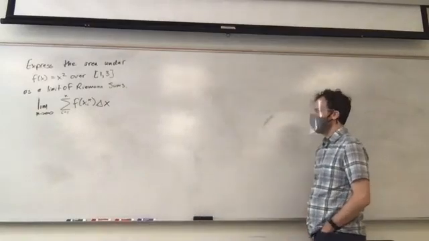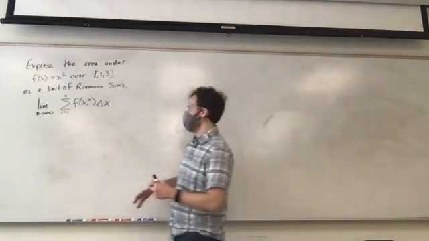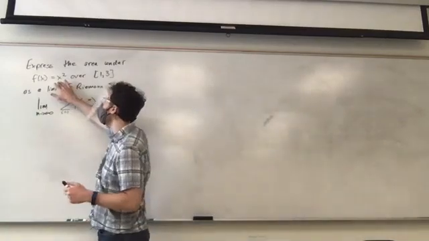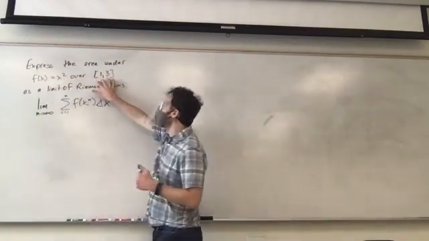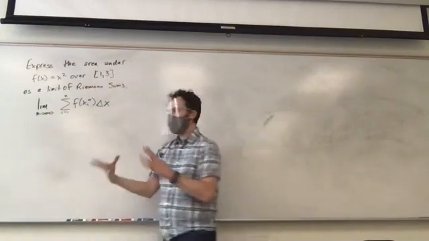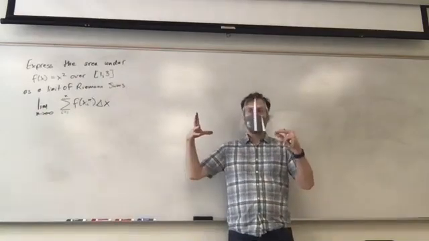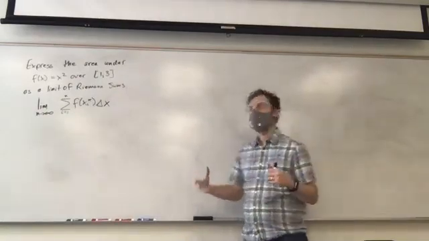And what this problem is about is seeing what those limits actually look like. So for a specific function, x squared, on a particular interval, 1 to 3, what is the limit of Riemann sums that we write down and say, if you were to compute this limit, the number you get would be the area we're looking for.